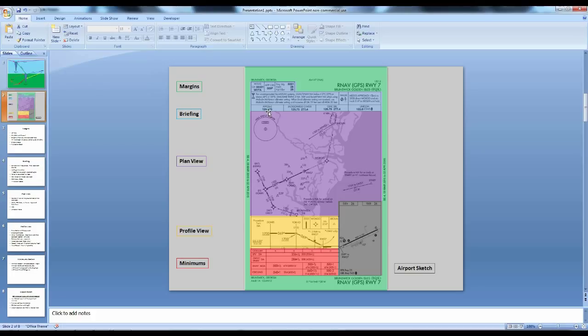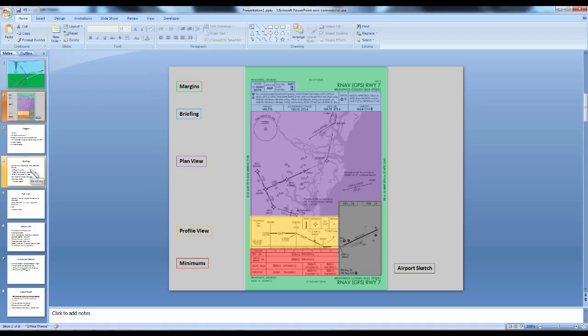This particular approach is in the Southeast 4 book, so you can look in the Southeast 4 book if you want to. Does that really apply in most modern cases? No, because we're using electronic charts, but they still make these books published. I got an old one right here. The books contain a lot of information. They're very useful too. So that's the margins.